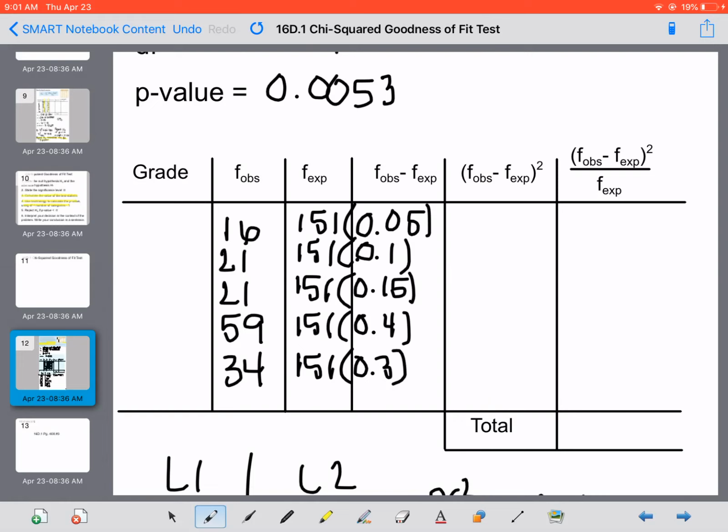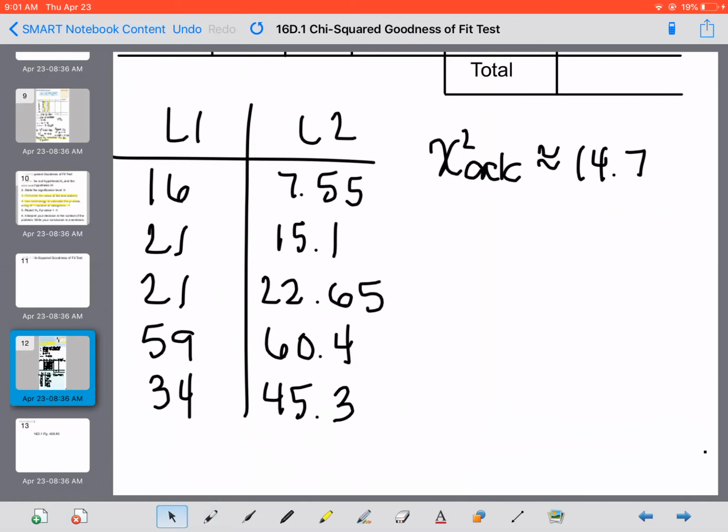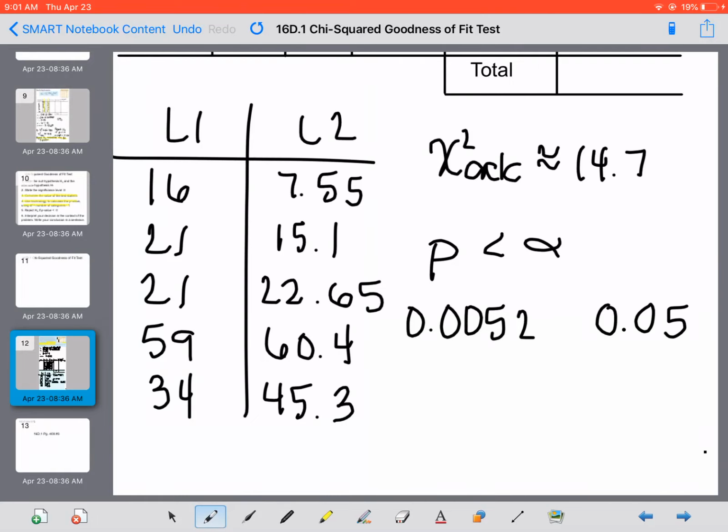So now we need to think about, are we going to reject our H sub 0? Well, remember, in order for us to reject, our p must be less than our significance level. So we found our p to be 0.0053, and our significance level is 0.05.